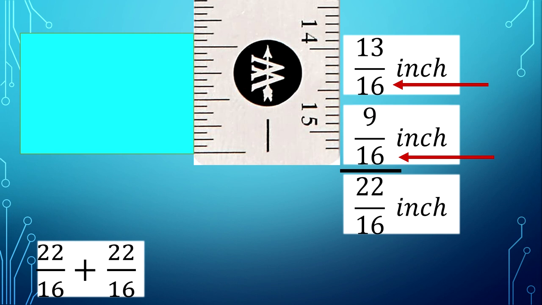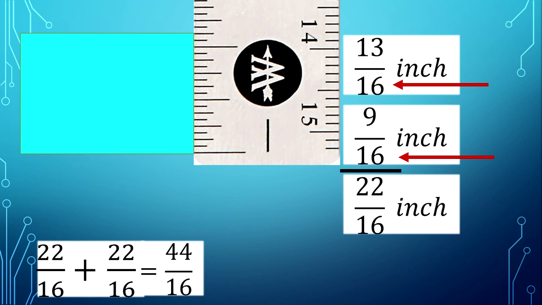So I can just say times 2, or 22 over 16 plus 22 over 16. Right, so we end up with 44 over 16. Now I can reduce my fraction and then change it to a mixed number, or I could change it to a mixed number and then reduce.